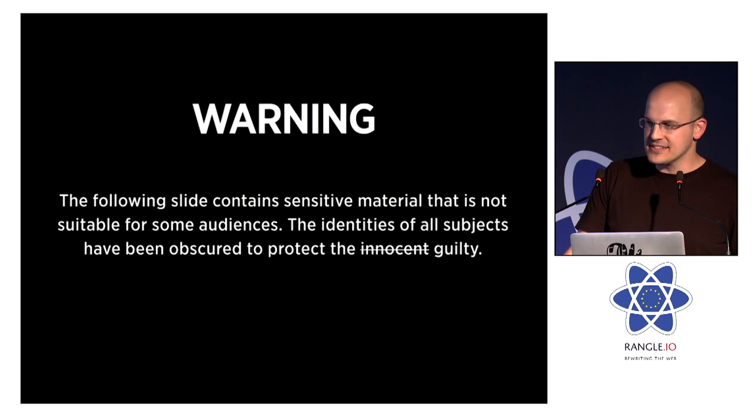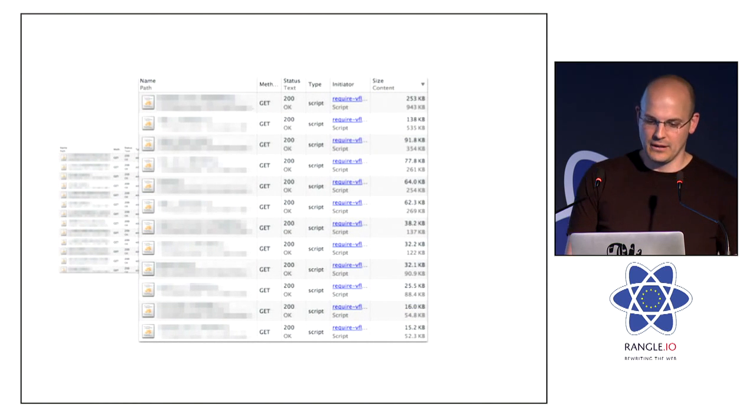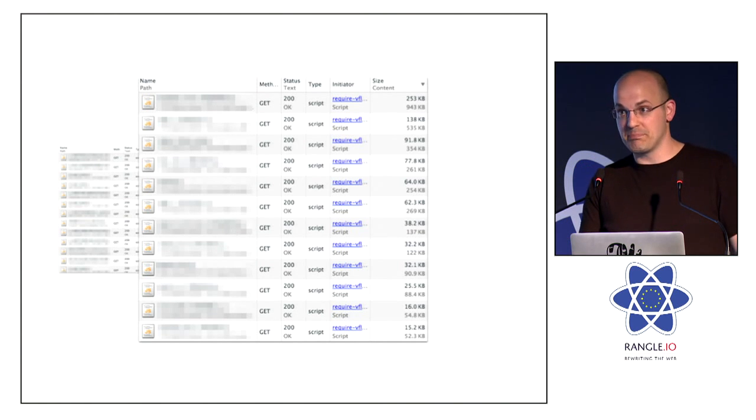So the truth is that we've been hiding some dirty secrets as we build our web applications. It looks like this. This is the initial page load for a site that will remain anonymous. We're loading over 4 megs of JavaScript on initial page load. This is a site that probably 95% of you use almost every day. This is another site that probably a vast majority of you use.